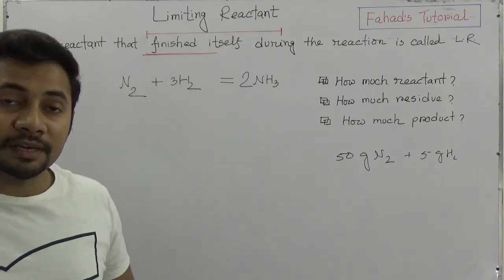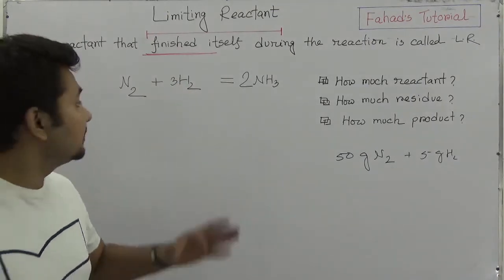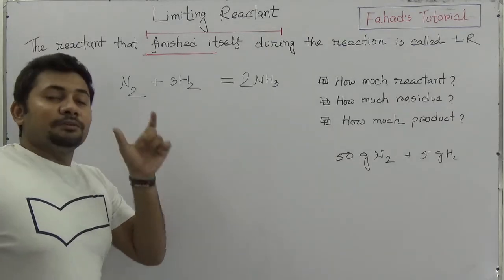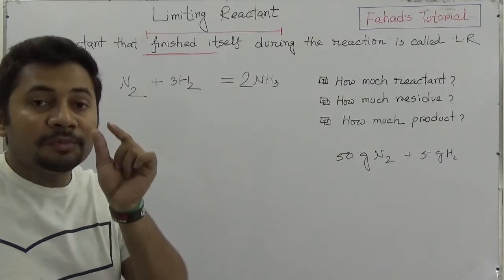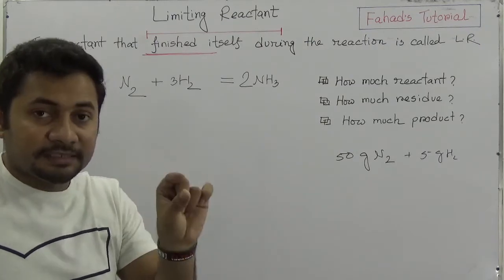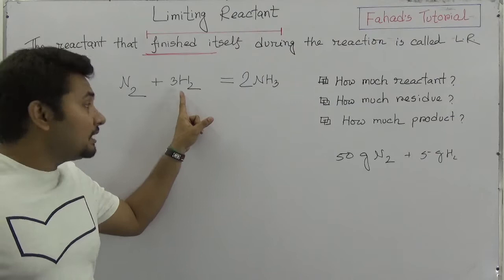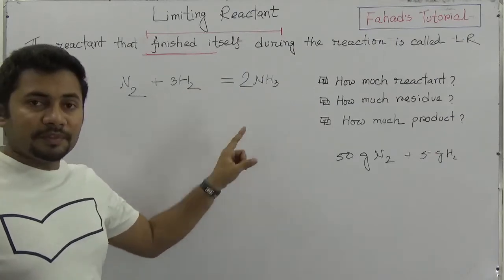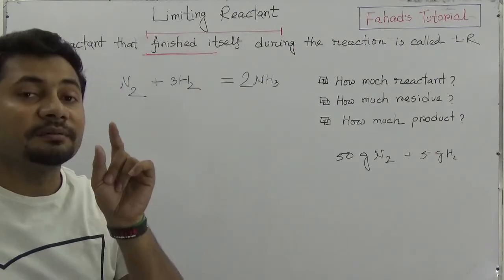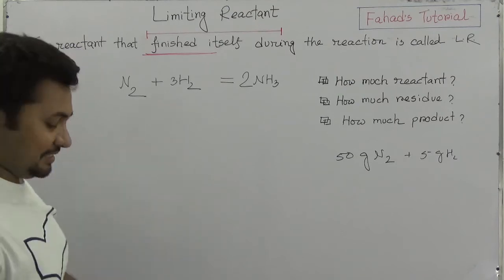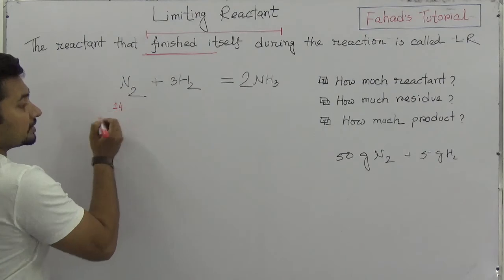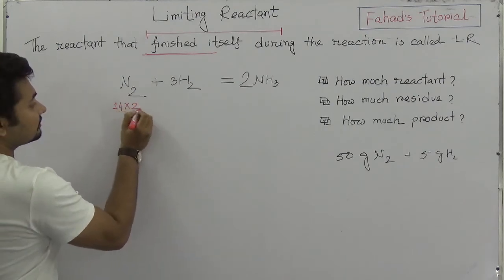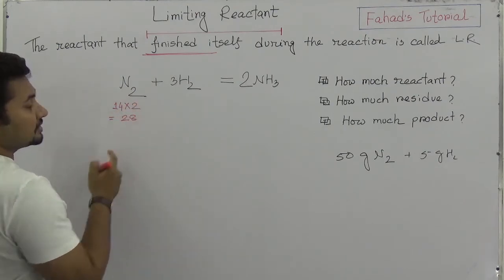For finding the limiting reactant, the first task is to understand the reaction and how many molecules of reactant will be there, because we need to make it equal. Now we think about the molecular mass of the reactants. As nitrogen is 14, times 2 is 28.